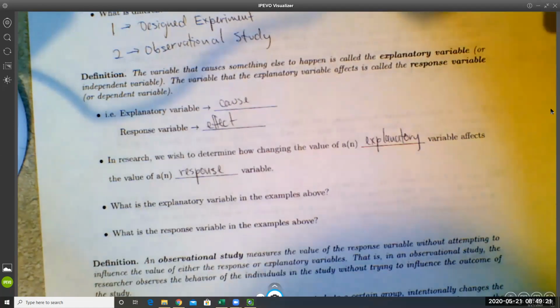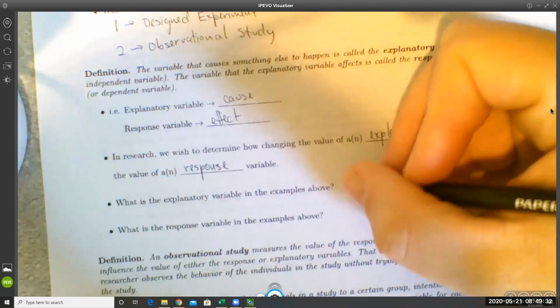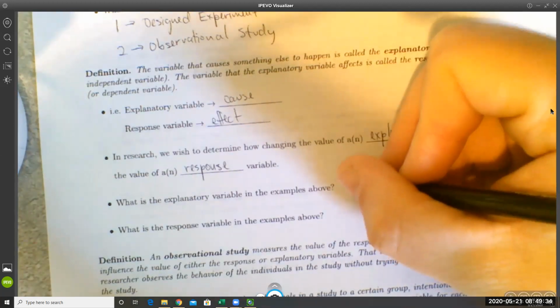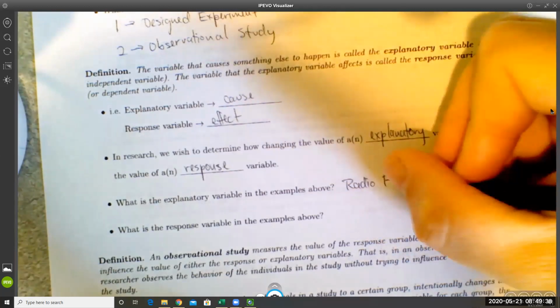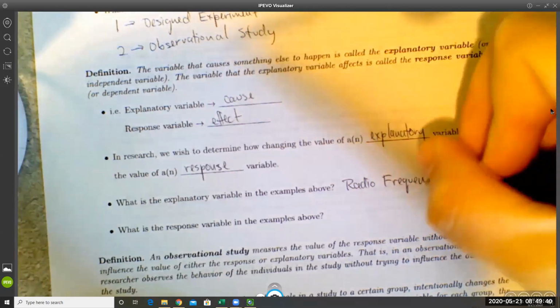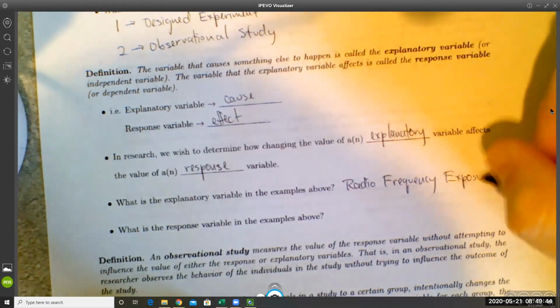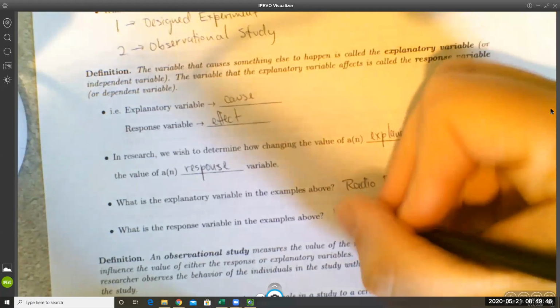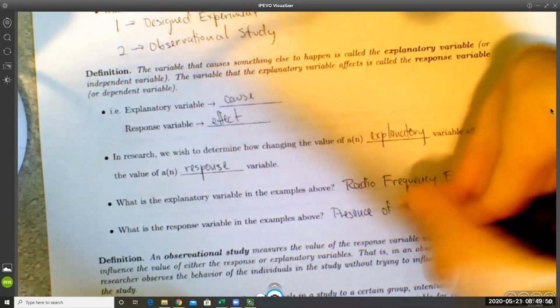So the explanatory variable was radio frequency, and the response variable was presence of tumors, brain tumors. So the explanatory variable was radio frequency exposure, I guess we should say, their exposure to these things. And the response variable was the presence of brain tumors.